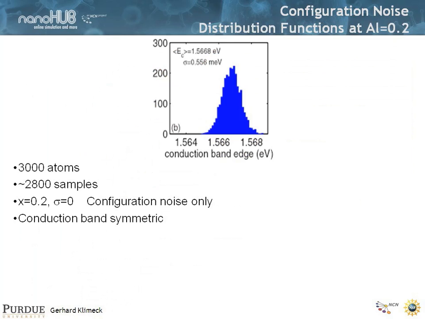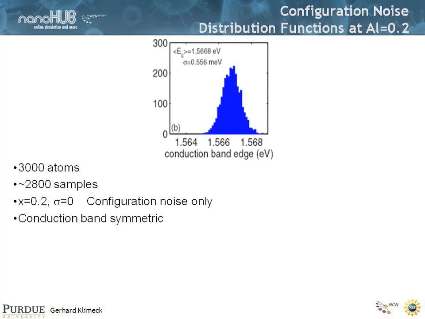system size? So here, what I've done is calculated 3,000 atom systems, 2,800 samples, and we started to look at the configuration noise only. So we locked in place 20% of aluminum and have a sigma of 0 in that concentration. And we find a nicely homogeneous distribution of histogram of conduction band edges. Okay?